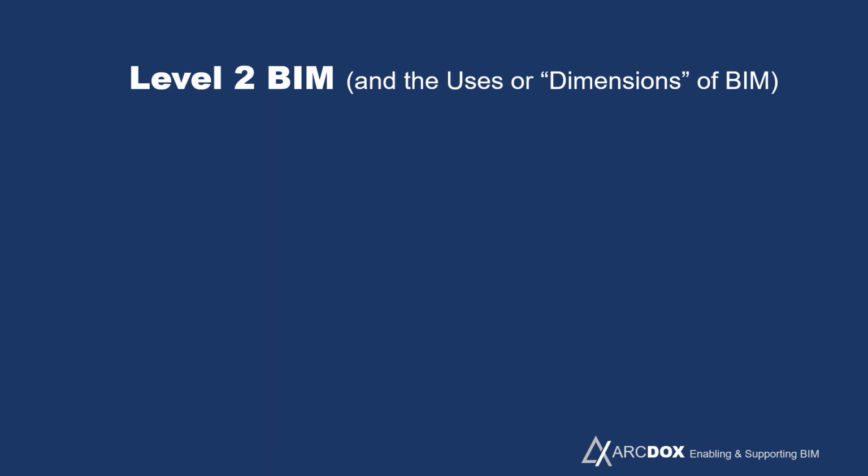A little bit of terminology now, and again, this is important for project managers to understand. When you're sitting in meetings and people are discussing BIM and they're using these terms that have become known over the last couple of years, you should know what they mean. So one of the first things you'll hear is people talking about level 2 BIM. And what level 2 BIM is describing is a level of maturity adoption of BIM.